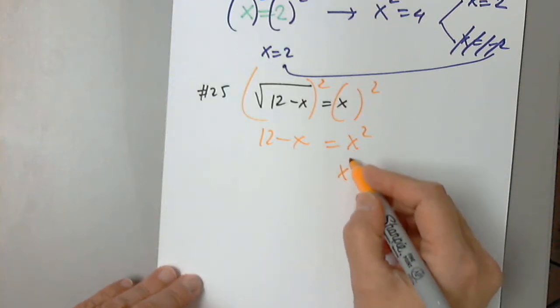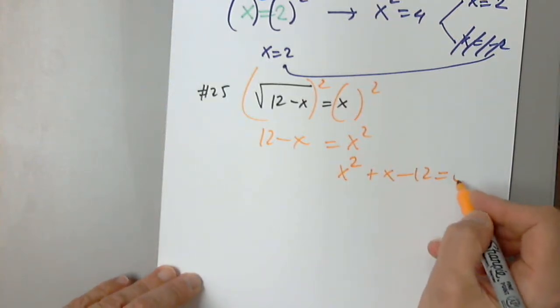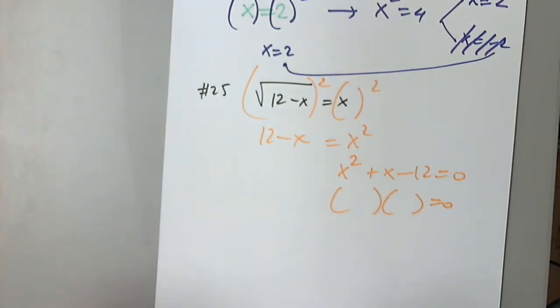So remember, we have x squared plus x minus 12 equals 0. We have to set it equal to 0. I prefer, in this case, moving everything to the right so I don't have to multiply by -1, because I don't solve any quadratic equation with a negative leading coefficient ever. It's up to you. You can move everything to the other side, arrange it in descending order, and then multiply by -1.